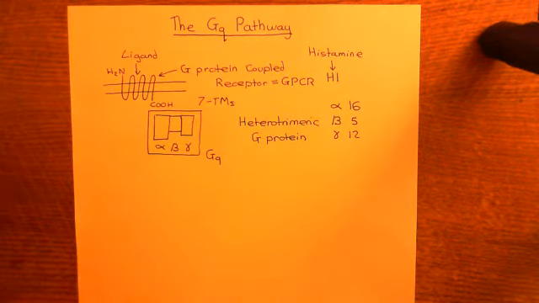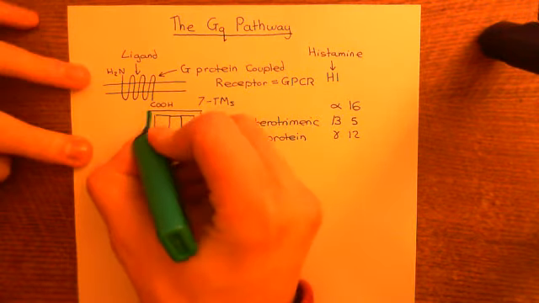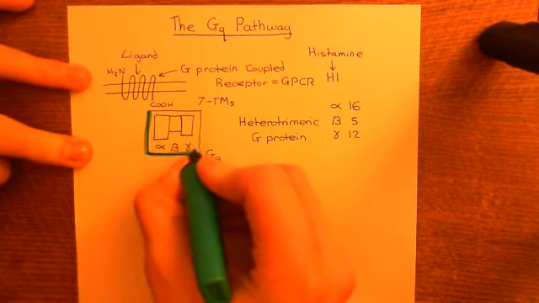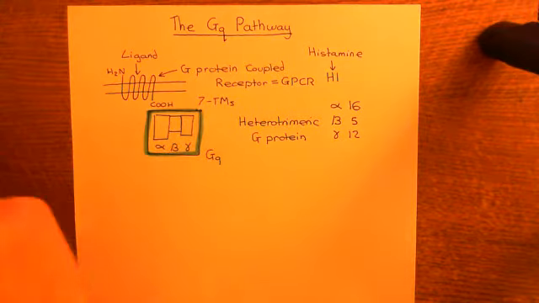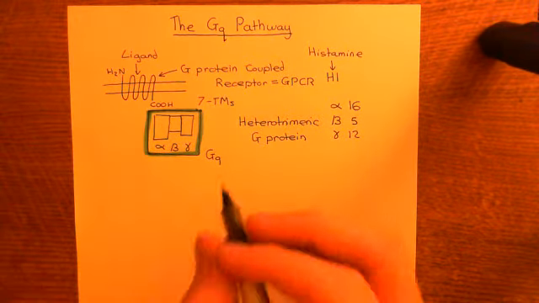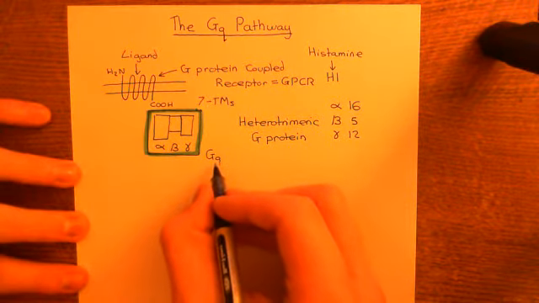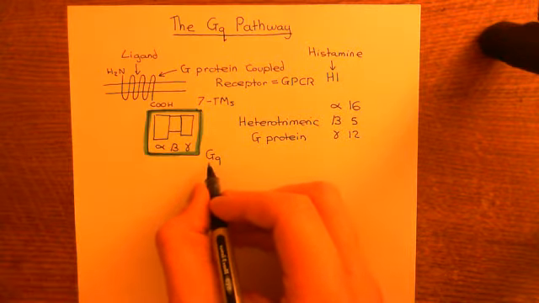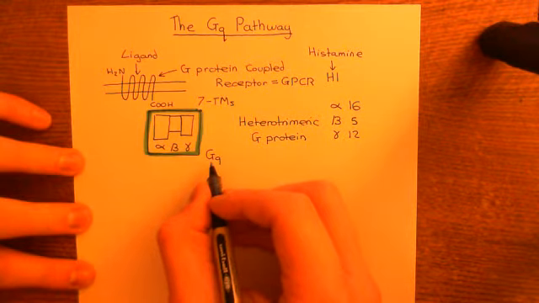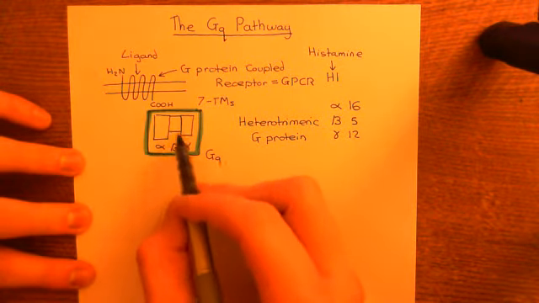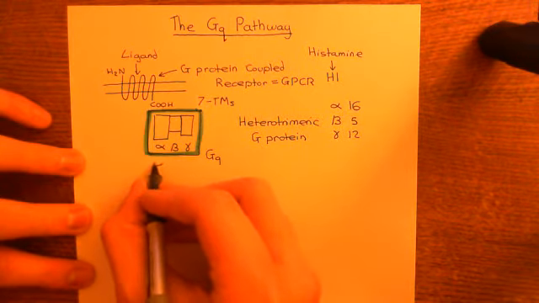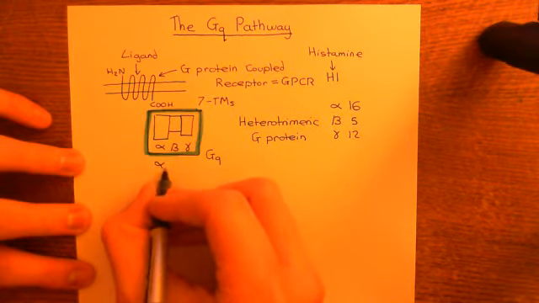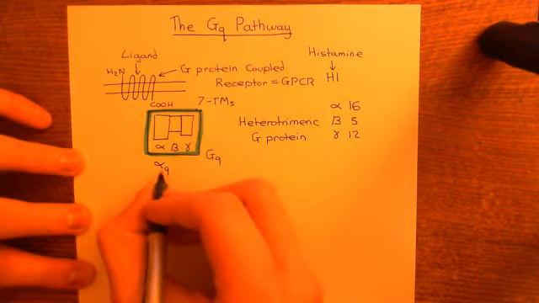I'm just going to put a bit of colour on here to make it look more interesting, so I'll outline this heterotrimeric G protein in turquoise. Now, if the heterotrimeric G protein is GQ, what does that actually mean? Basically, heterotrimeric G proteins are named after which alpha subunit you use, not which beta or gamma subunit. So the fact that this is a GQ heterotrimeric G protein tells you only that the alpha subunit is an alpha Q subunit.